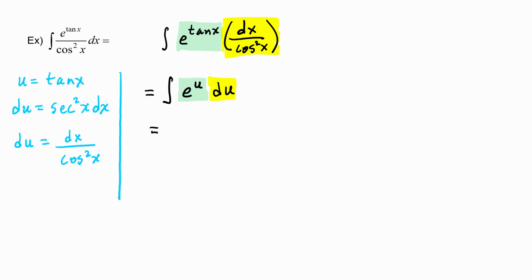We know that the integral of e to the u du is e to the u plus c. Because this is an indefinite integral, we have to go back to our x. So now this becomes equal to e to the tangent of x plus c.